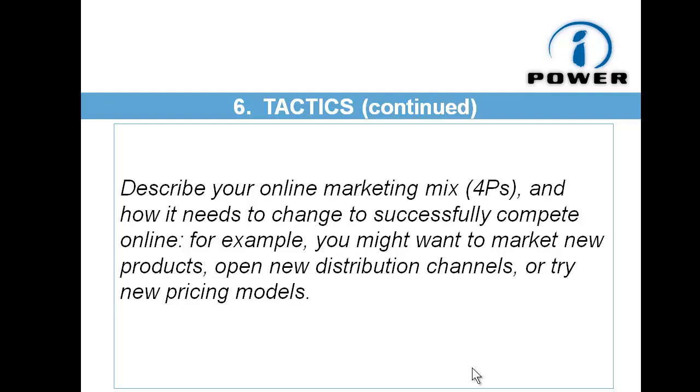Can you change your 4 P's in any way to more successfully compete on the internet? For example, you might want to change your product, or you might want to change your distribution, or you might want to open new distribution channels, or you can try new pricing models, etc. So basically, this is where you have another look at your 4 P's and try to establish how you can use those 4 P's in some new ways when it comes to competing in the digital world.